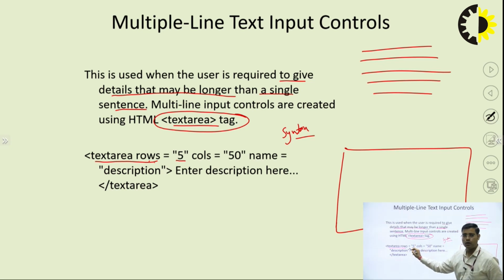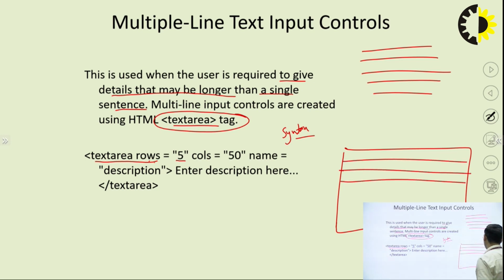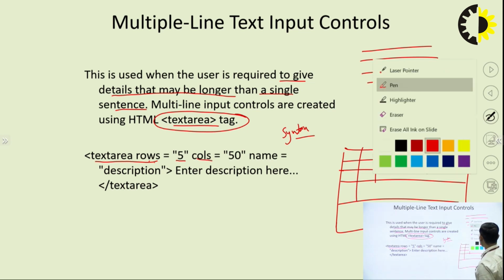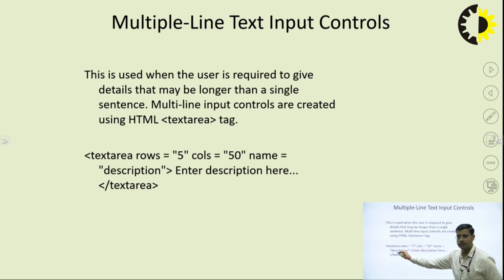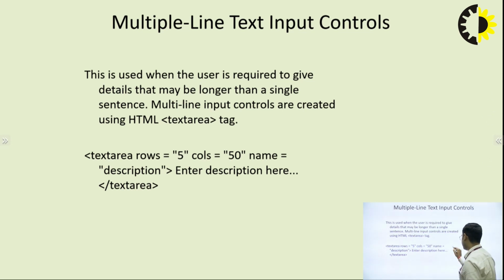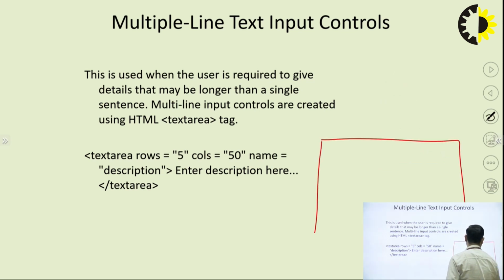Suppose if rows value is 5, that means 5 rows: 1, 2, 3, 4, 5. 5 rows area cover, and how many columns? 50 columns. So using this text area, the box, the output of this tag will be like this.